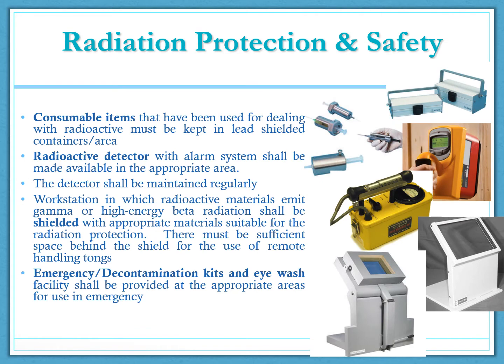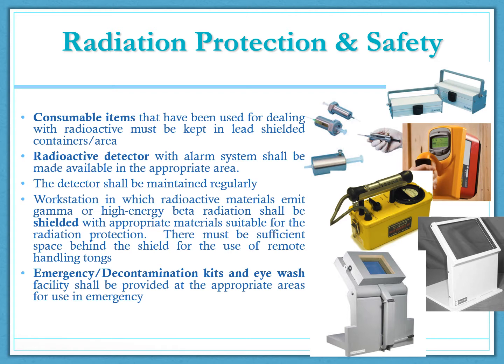For radiation protection and safety, consumable items that have been used for dealing with radioactive material must be kept in lead-shielded containers or areas. A radioactive detector with alarm system shall be made available in the appropriate area. So the detector shall be maintained regularly.